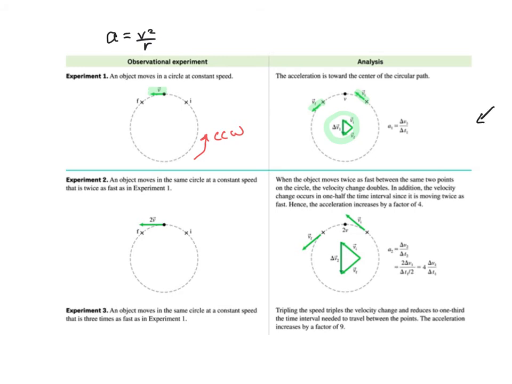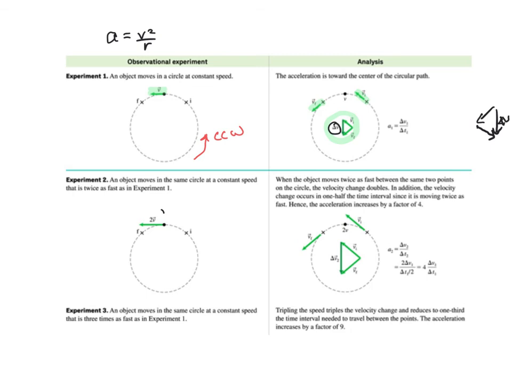I would go VF, and a negative VI would be that way, and that would be my delta v vector right there. They get the same delta v vector, but instead of flipping the VI around, they put the two arrows tail to tail instead of negative VI tip to tail. Gives you the same result. So the delta v vector is a certain length, shown there.